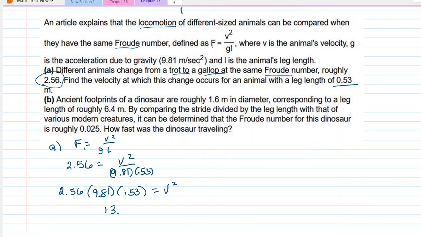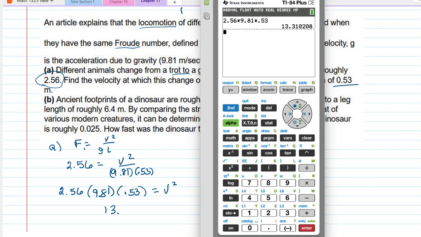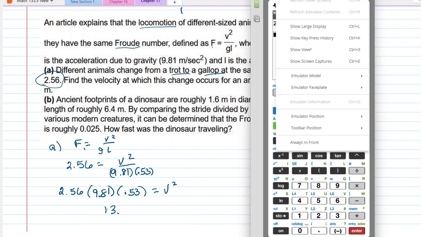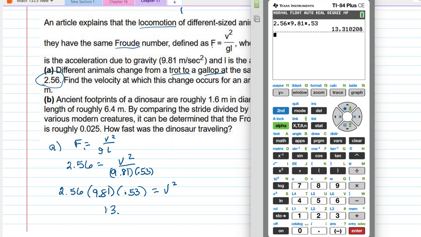Let me see what I can do here. 13, 3, 1, 0, 2, 0, 8, it looks like. Yep. Okay, now that's for velocity squared.